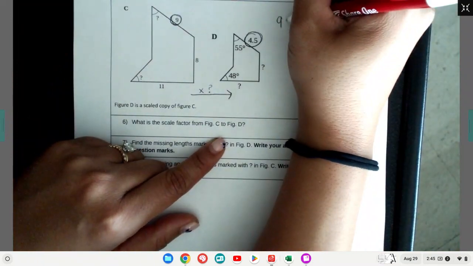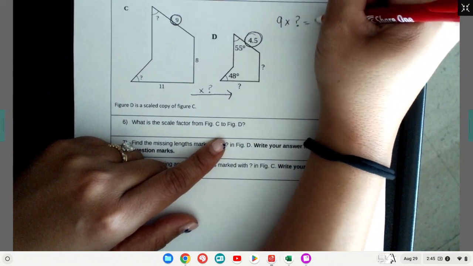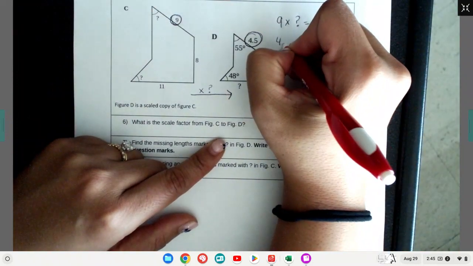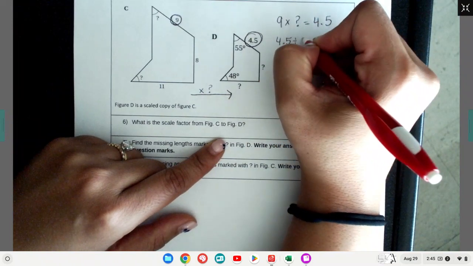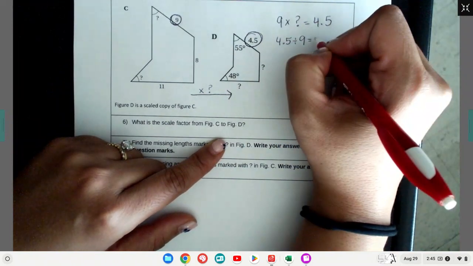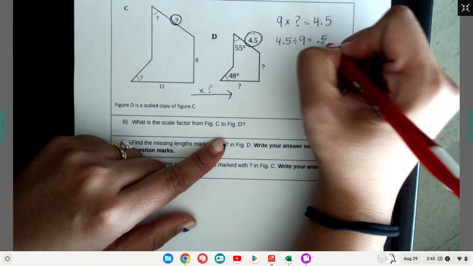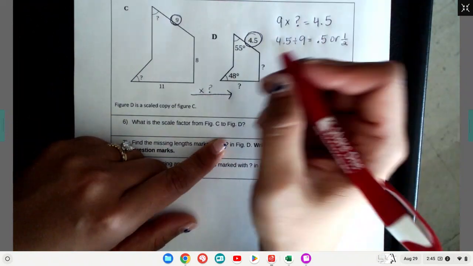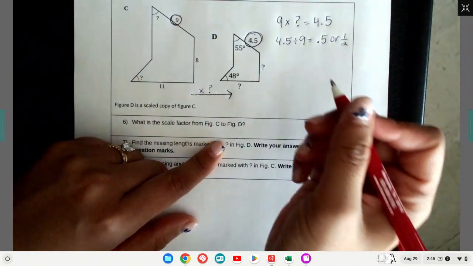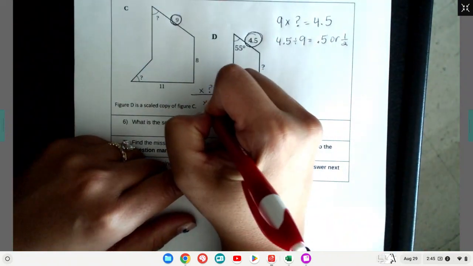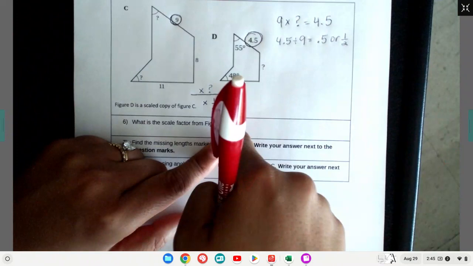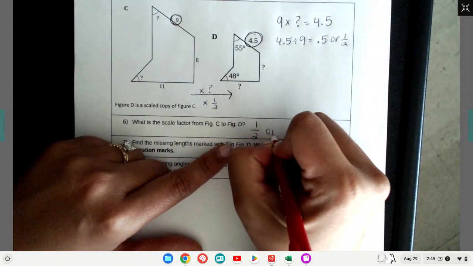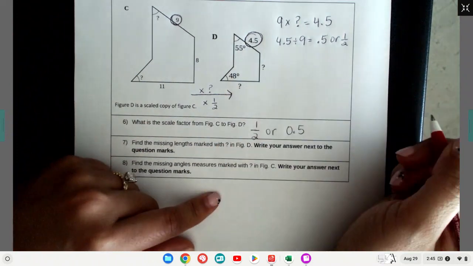Now, I know that 9 times something is going to get me 4.5. If I don't know what that math is off the top of my head, I'm going to do 4.5 divided by 9. I'm working backwards here. And that is going to get me an answer of 0.5, or 1/2. That means all of my side lengths I can multiply by 1/2, or 0.5, to get my new side lengths. So my scale factor here, I'm going to say 1/2, or 0.5.